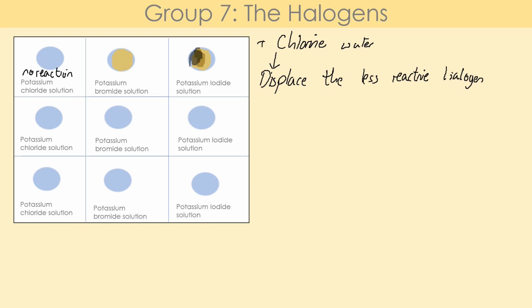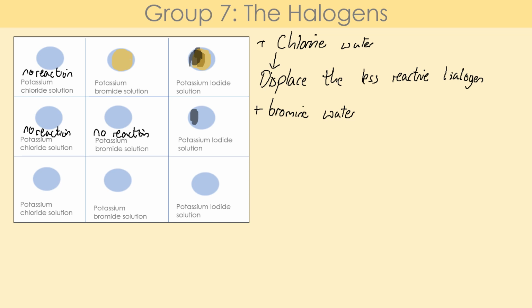Now for my second row, I'm going to add bromine water. For my first two, I get no reaction. Nothing changes. But for my potassium iodide, I do get a bit of a change.